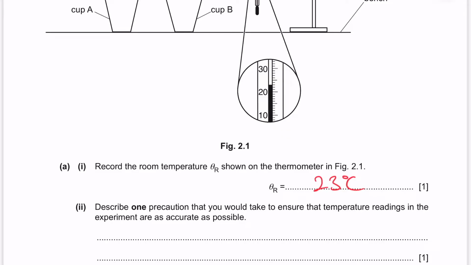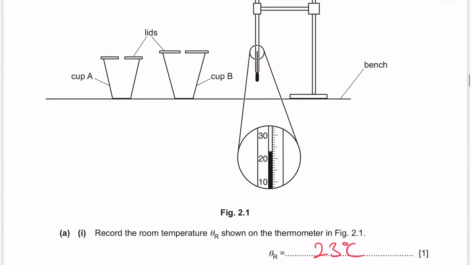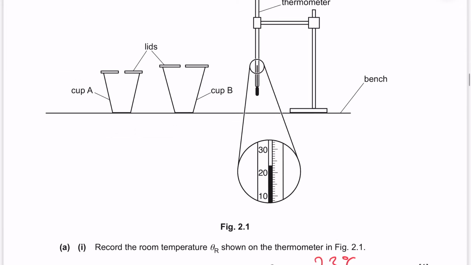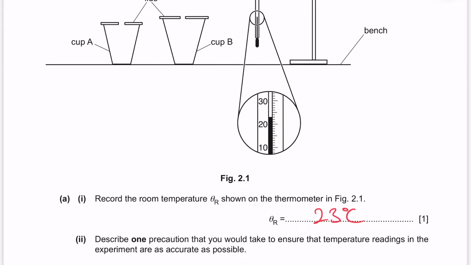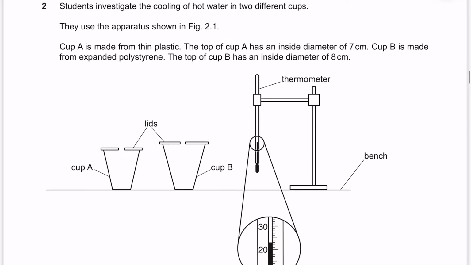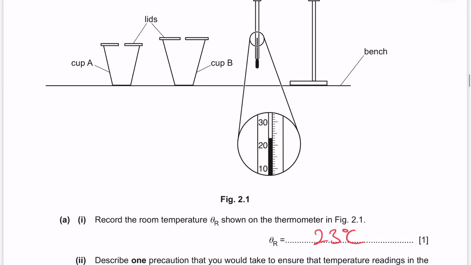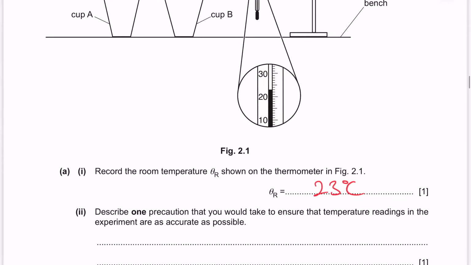Describe one precaution that you would take to ensure that temperature readings in the experiment are as accurate as possible. So in situations like these, if you want to record temperature, it takes some time for the temperature reading to become stable. So there are different options, but if they're asking for one precaution, don't write two precautions.